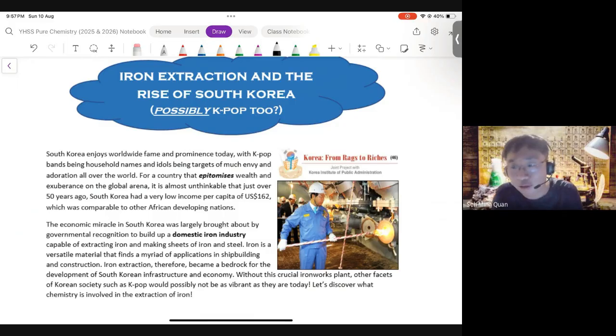They did not used to have such a vibrant arts and entertainment sector. To support this kind of art sector, you definitely need to have a certain economic foundation. So how did South Korea become rich? For those taking history, you may have heard the Korean peninsula was divided into North and South Korea in 1950.